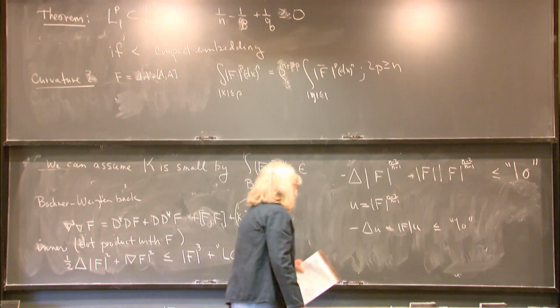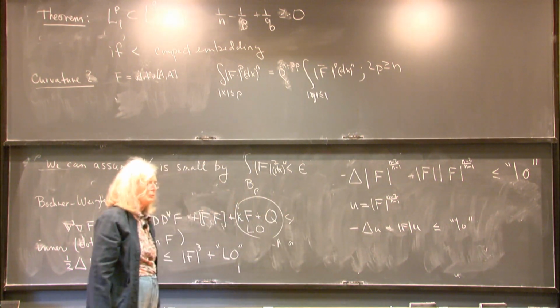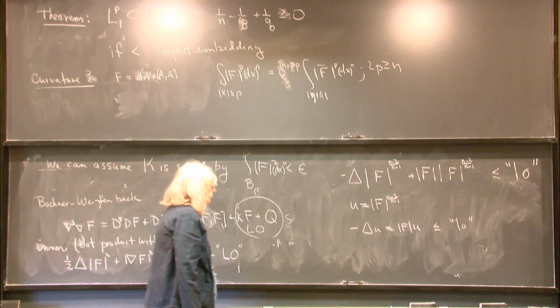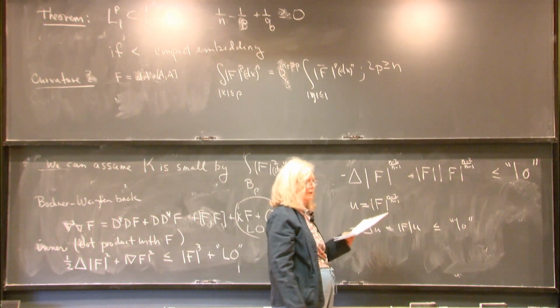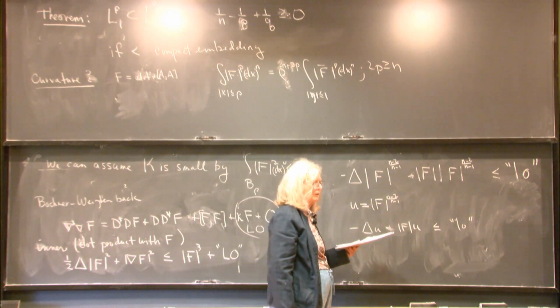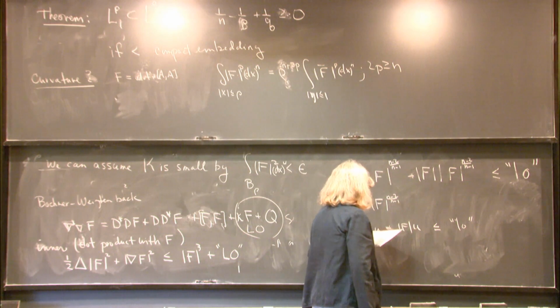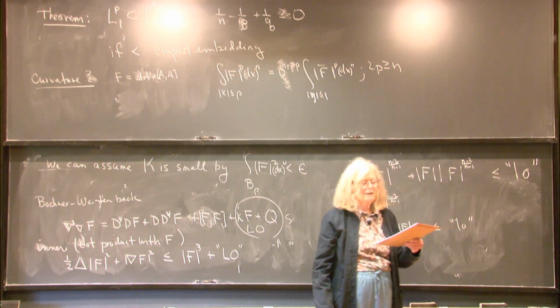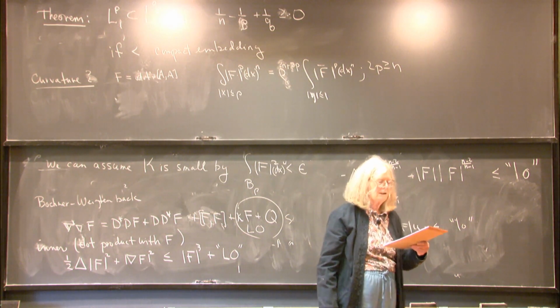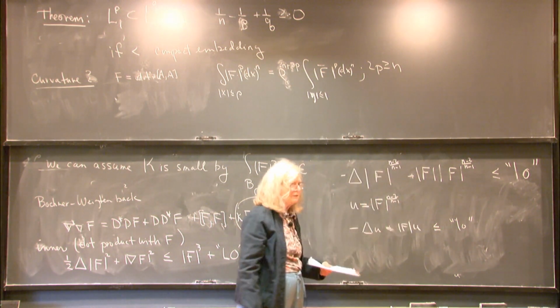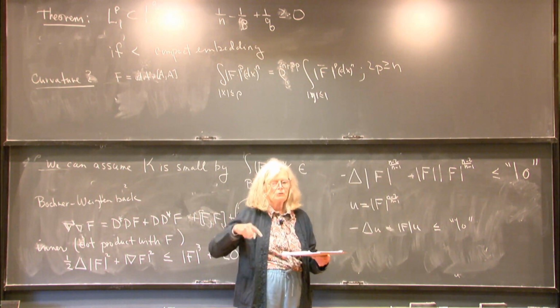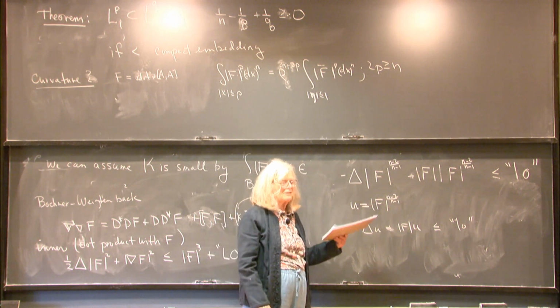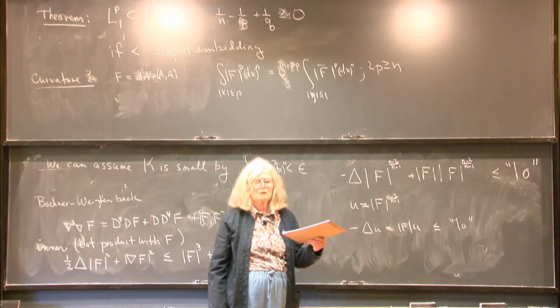And so the claim is I can now use the maximum principle. Now, I have to be careful because this inequality is not true at the origin. Why is it not true at the origin? Well, this Laplacian of u could have some distributional terms at the origin, and this says nothing about what might come from those distributional terms.